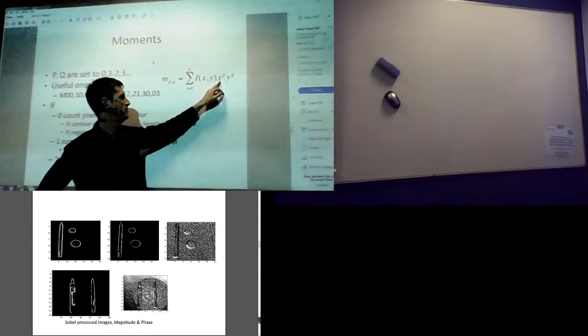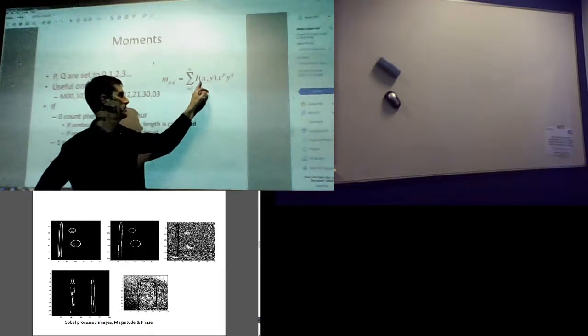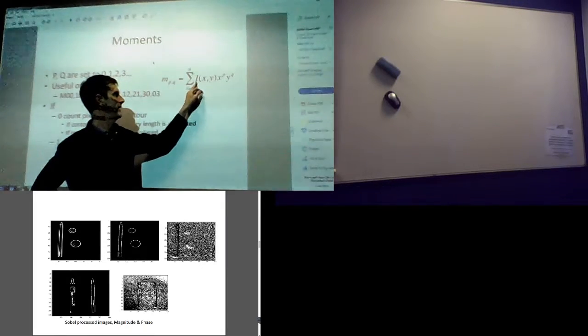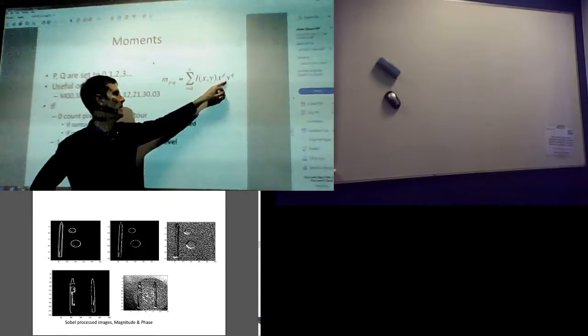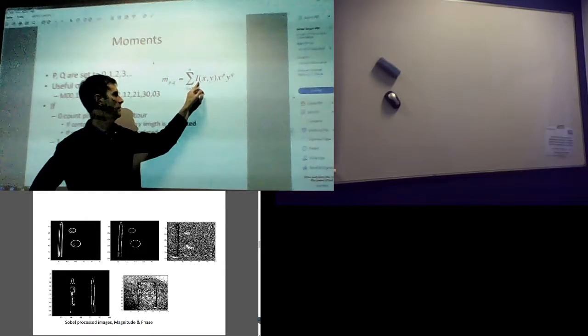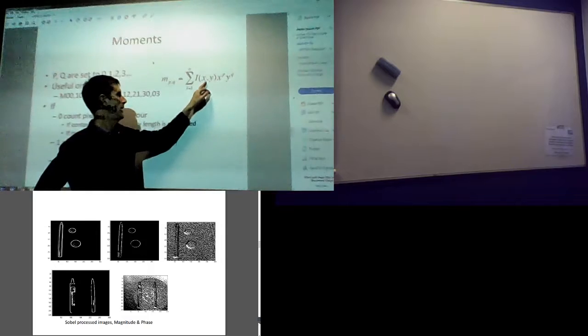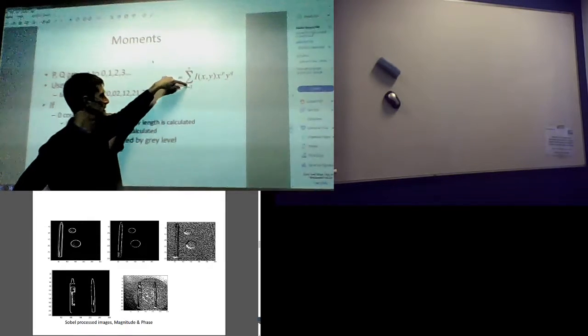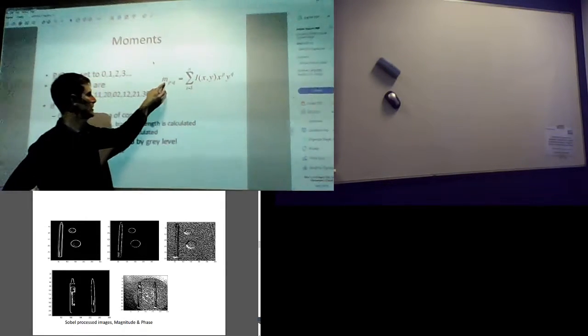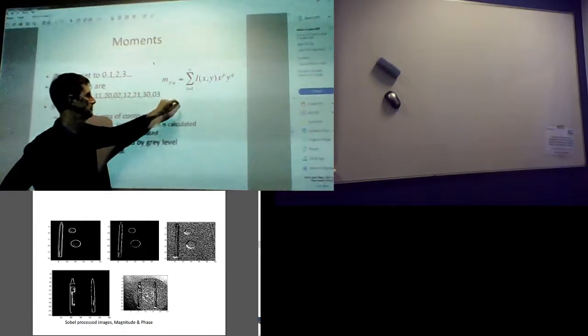and here's the image X, here's the image Y, and this is the value of the X and Y location. So maybe it's grey level, maybe it's colour, and summing those across all of the pixels to produce a moment.